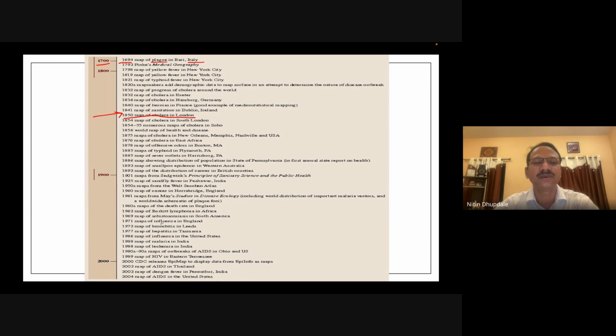Like that, maps have been used. In 1989, an HIV map was made, and in 2004, AIDS in the United States was mapped. So the map has been a very important tool for epidemiologists to depict how a disease is spread across a location.